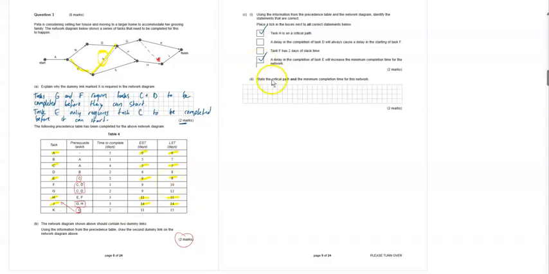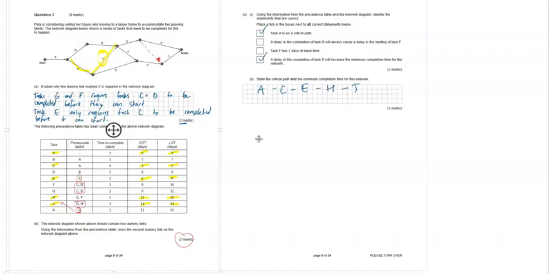The last part of this question says to state the critical path and the minimum completion time. So it's worth 2 marks here, so 1 mark for the critical path and 1 mark for the minimum completion time. Now, I've already highlighted those critical tasks, so it's simply a matter of just listing them here. It's A, C, E, H, and J. And the minimum completion time is simply adding the time to complete each of those tasks.